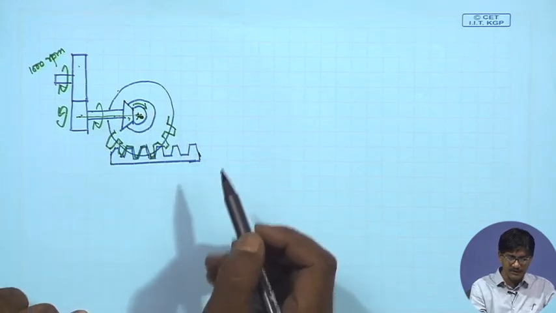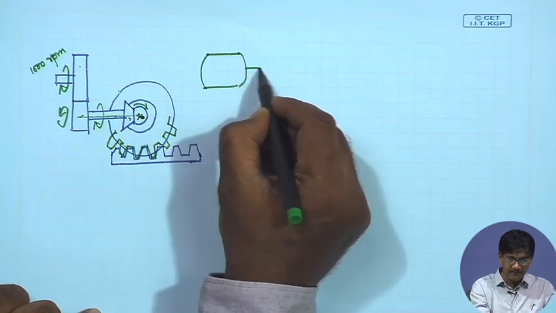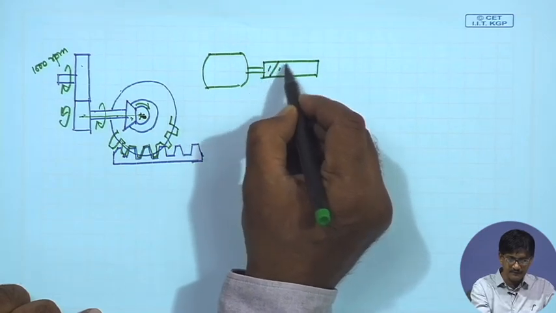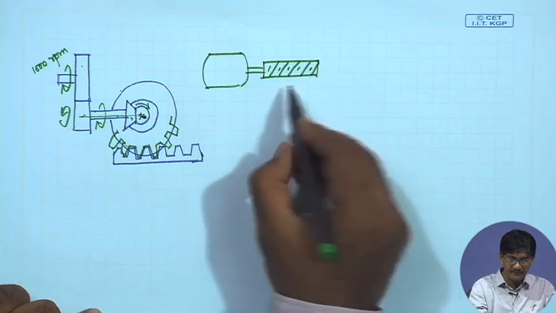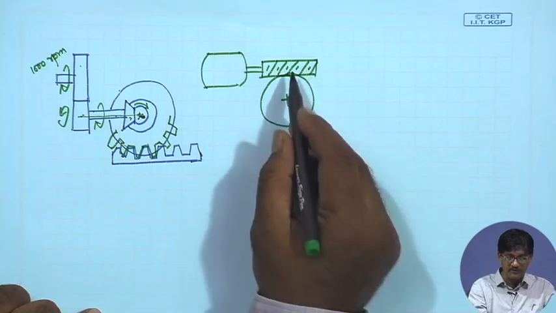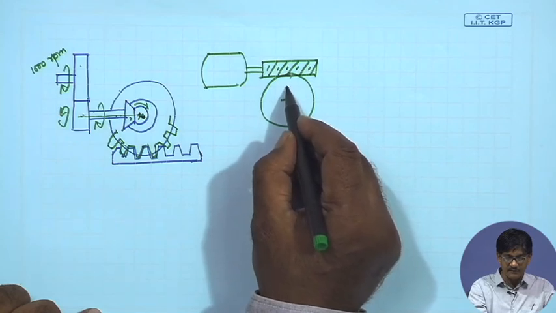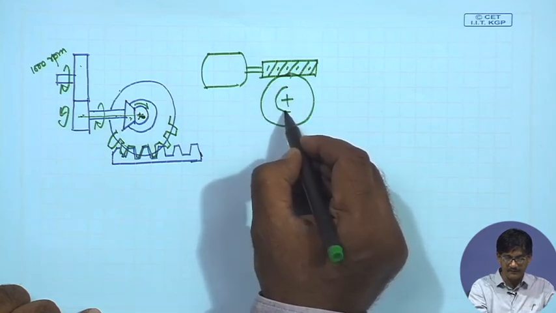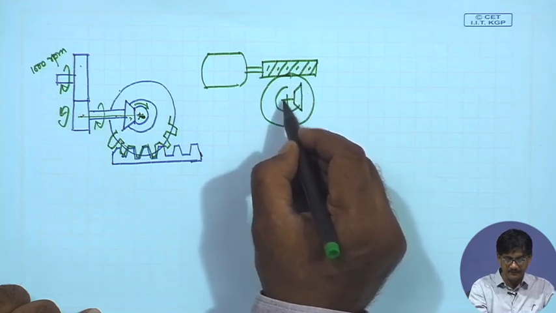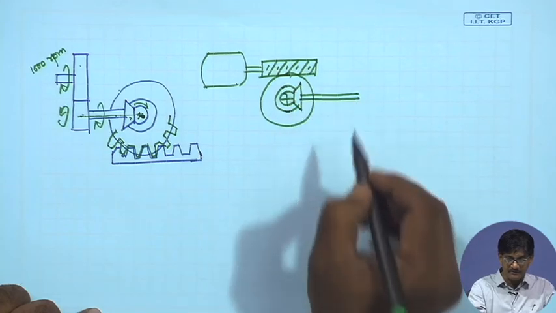There might be yet another one where I can have say a motor, shaft is coming out, I put a worm here. With the worm I get a worm gear, and I get a configuration like this. I can have a bevel gear pair here, this one is taken on this side.